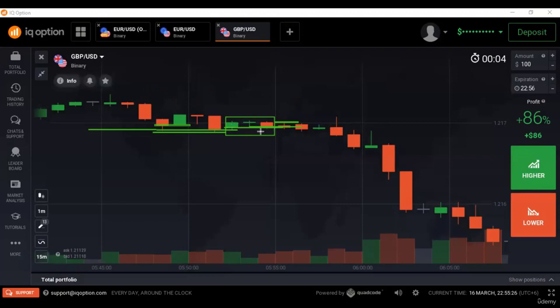At that time we don't have any opportunity. It may get rejected from this support level with high volume, which means buyers may enter the market from that rejection, from this area, by the wick in this bearish candlestick.